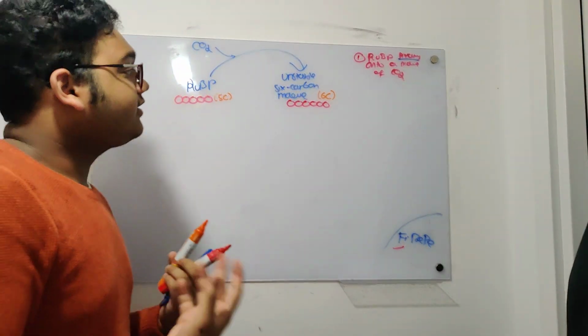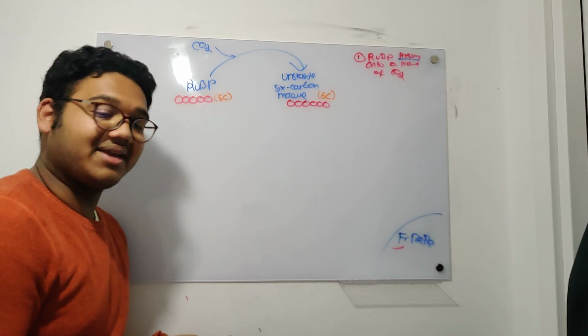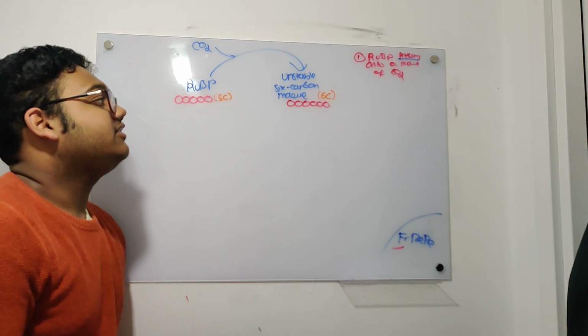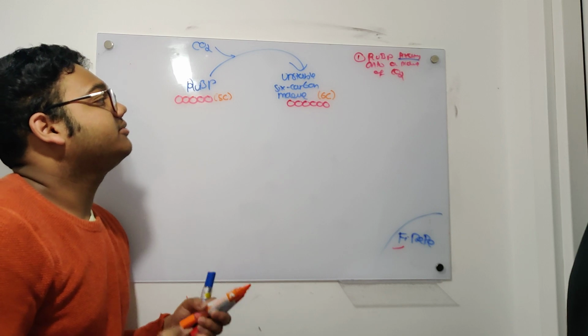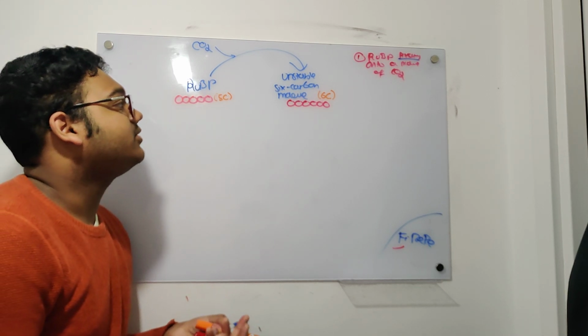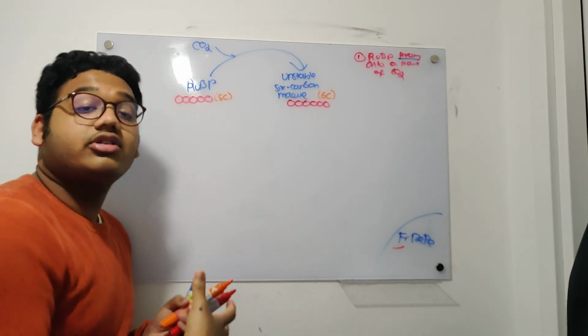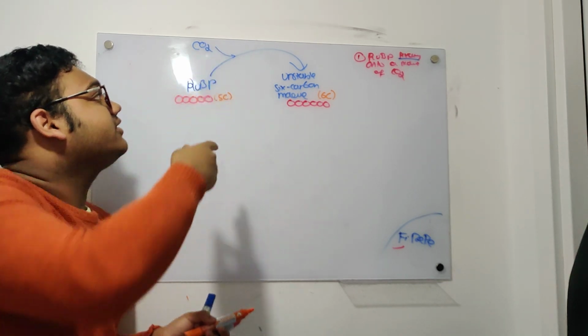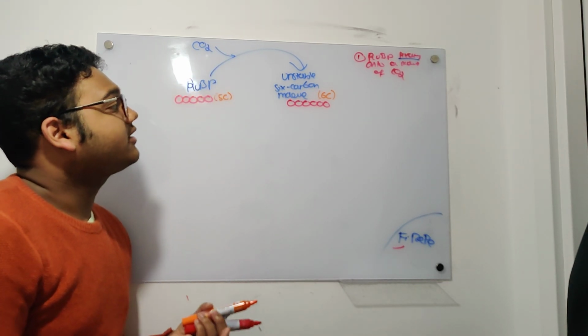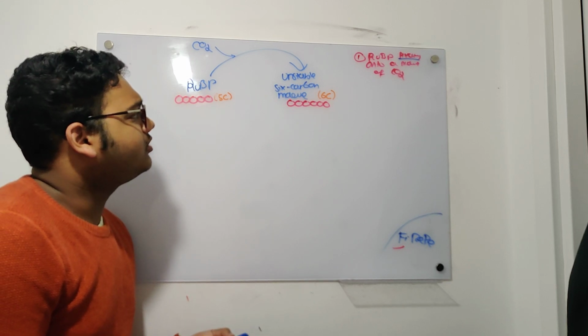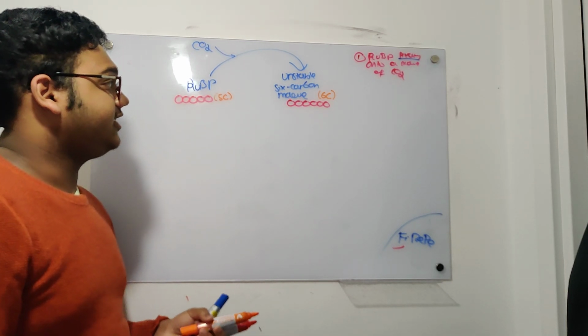Now, unstable because it's not stable, and it's going to break down really easily. In the world of chemistry, things can break down depending on how stable they are, how strong the bonds are, and essentially the fixation of carbon makes a 6-carbon molecule that's really unstable, and it will split easily.